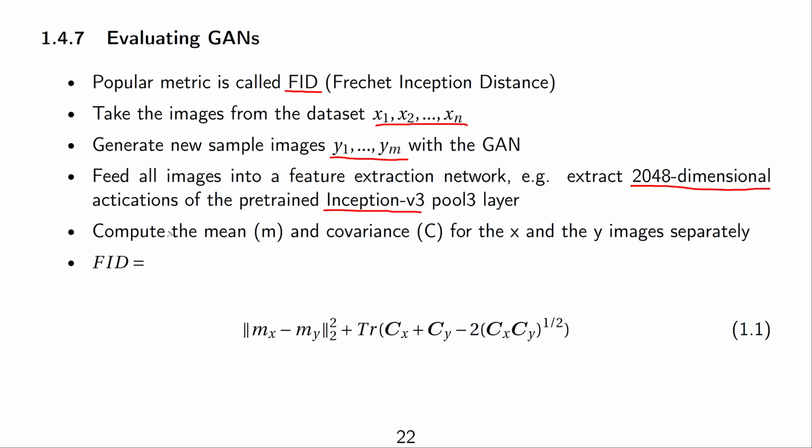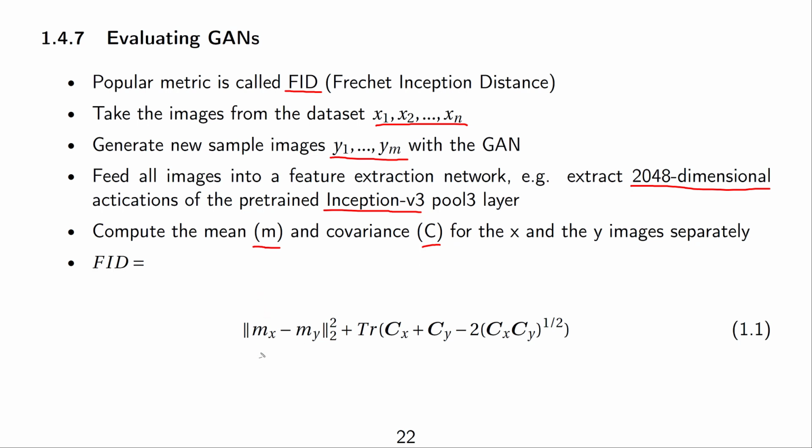That means for every image, for every real image and every generated image, we'll have a 2048 dimensional feature vector. And then we'll compare statistics. And the most obvious statistics to compare are the mean and the covariance. So the mean vector m will be a vector that has 2048 dimensions, and the covariance will be a matrix that is 2048 times 2048.